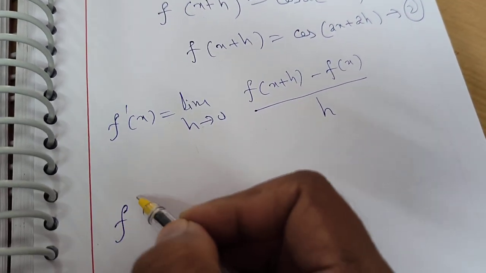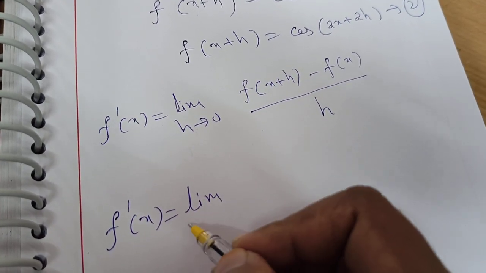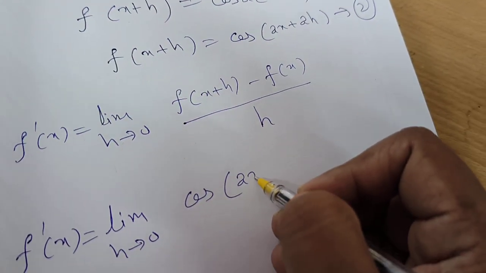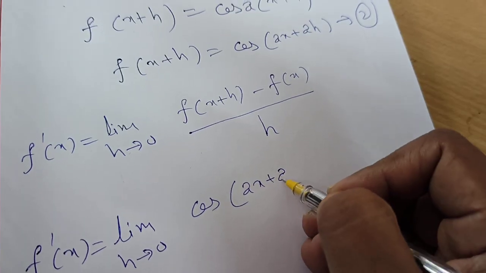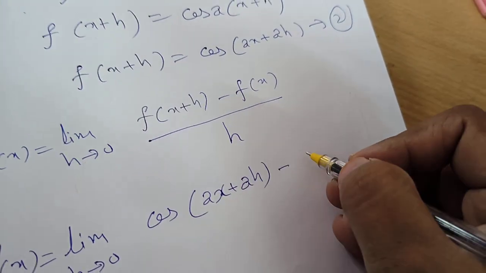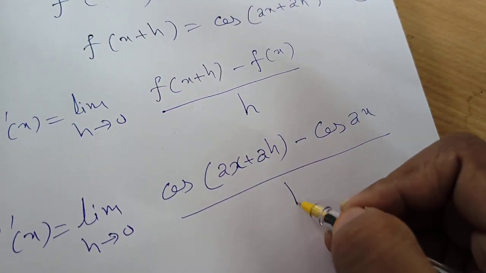So here the function becomes f dash of x, first order derivative, is equal to limit h tends to 0 of cos(ax plus ah) minus cos ax, whole divided by h.